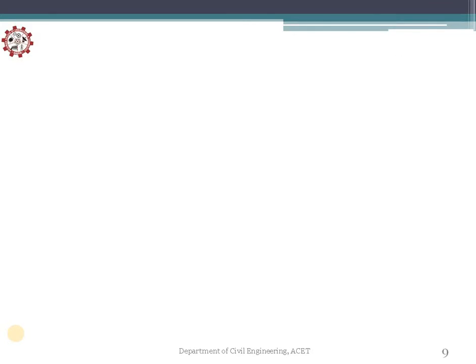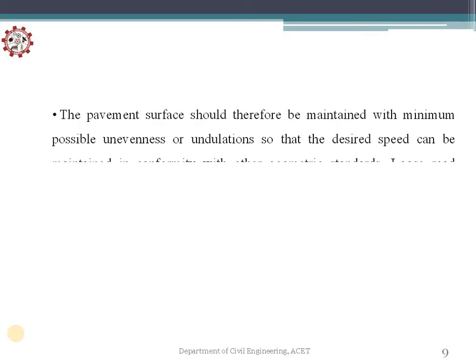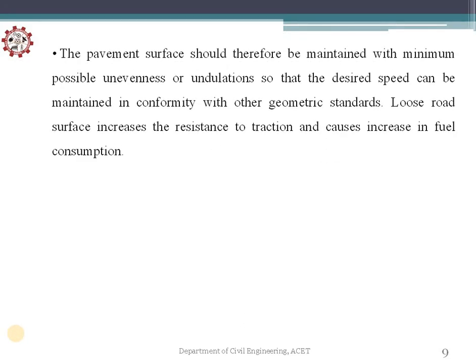After that, the pavement surface should therefore be maintained with minimum possible unevenness or undulations so that the desired speed can be maintained in conformity with other geometric standards. A loose road surface increases the resistance to traction and causes increase in fuel consumption.